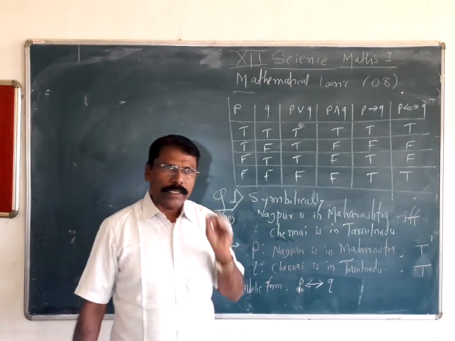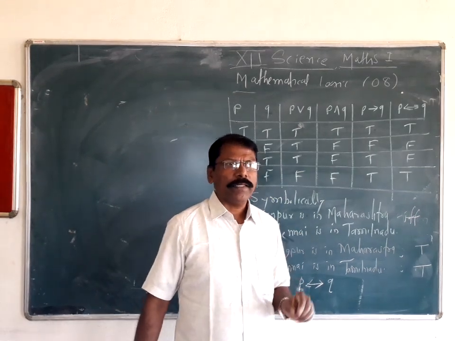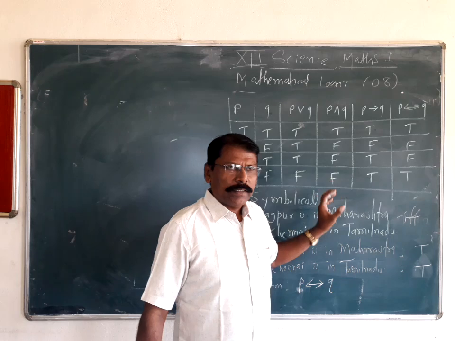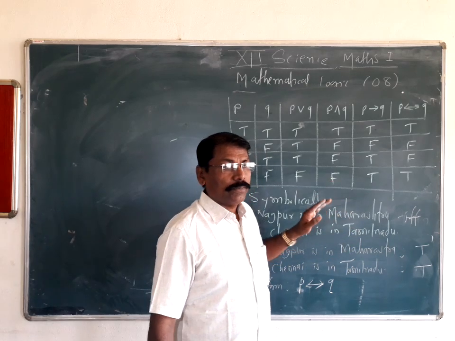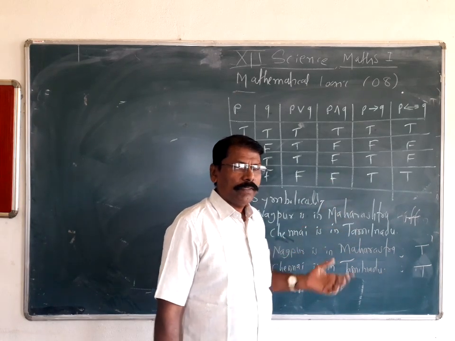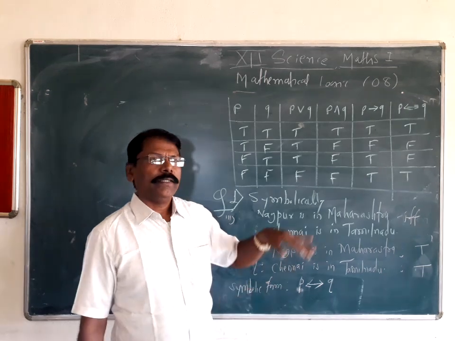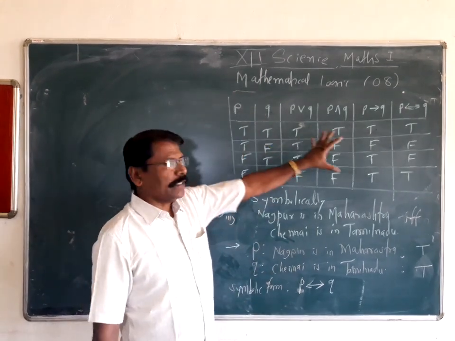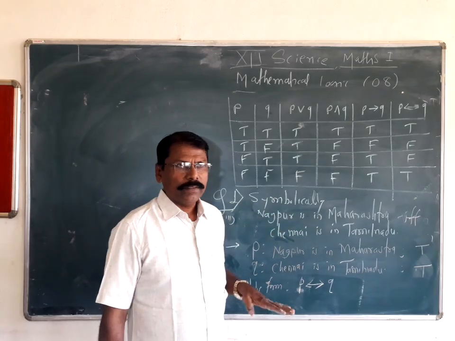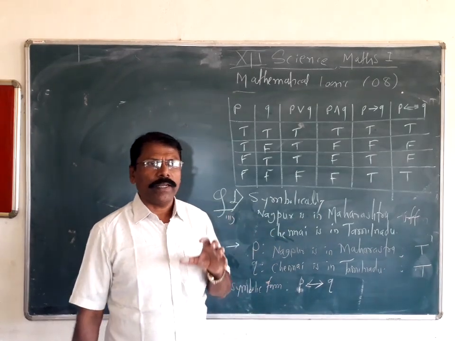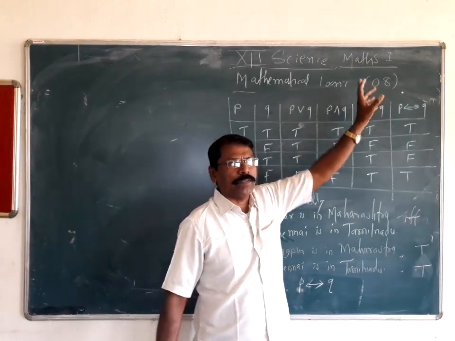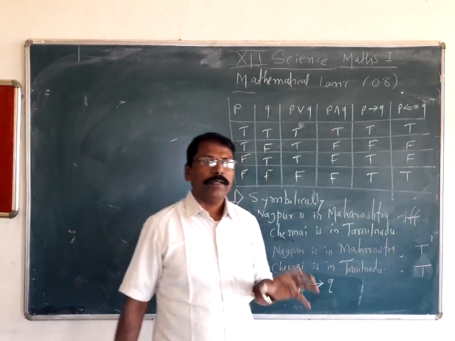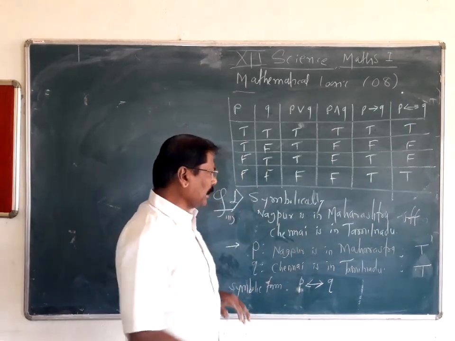And I like to tell you, there will be a 100% question on statement pattern or truthness, or writing in symbolic form, or from symbolic form to verbal form. So this is the key. I am repeating again and again because we have to secure 8 out of 8 marks for the HSC board, and problems based on this mathematical logic also come in JEE and CET.